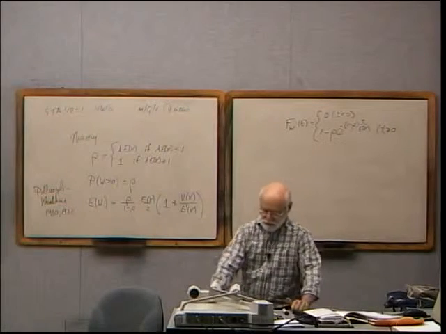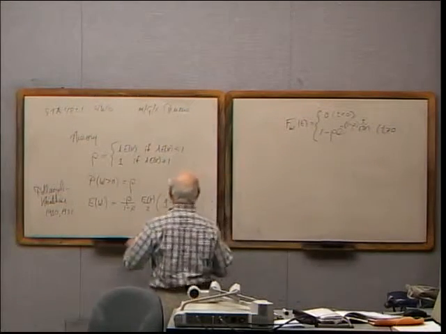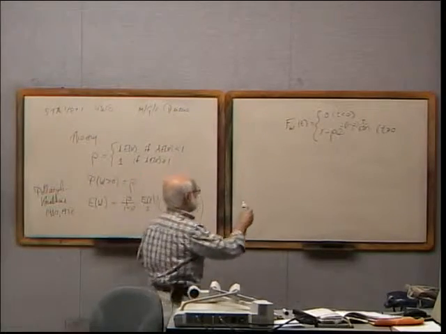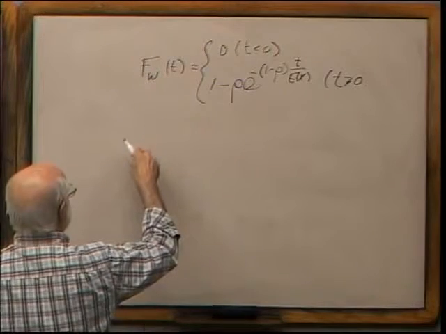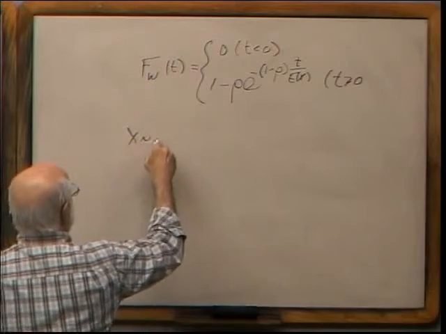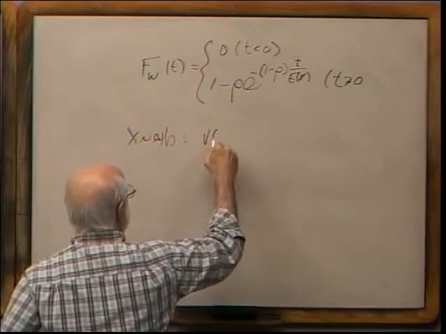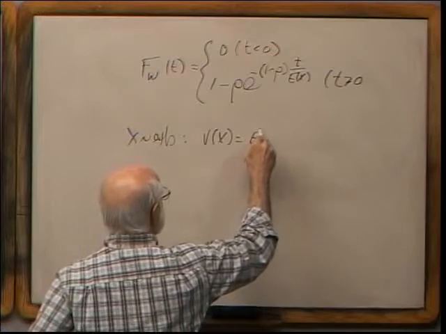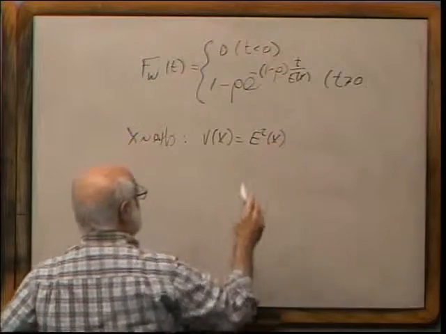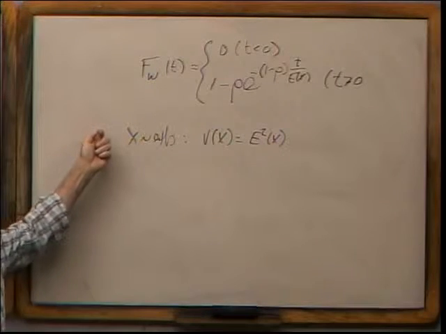Okay, now, in the case of exponential, if x is exponential, then the variance of x is equal to the mean square. This is something that we prove in class. I don't think we proved it in this class, but you could simply make this calculation.